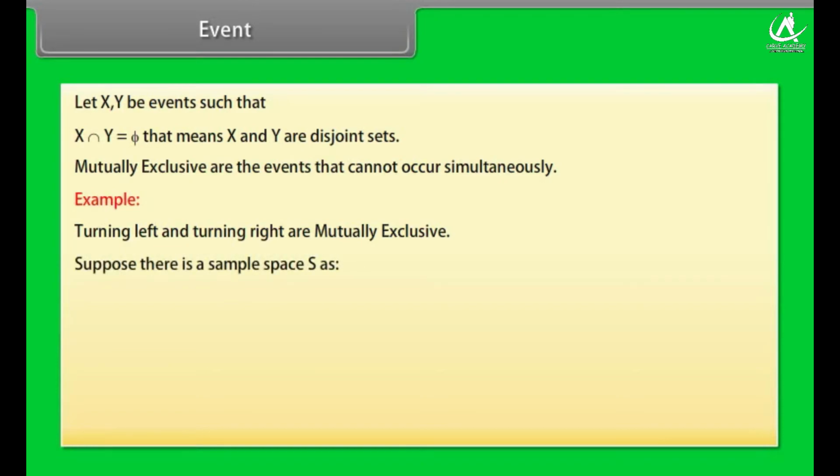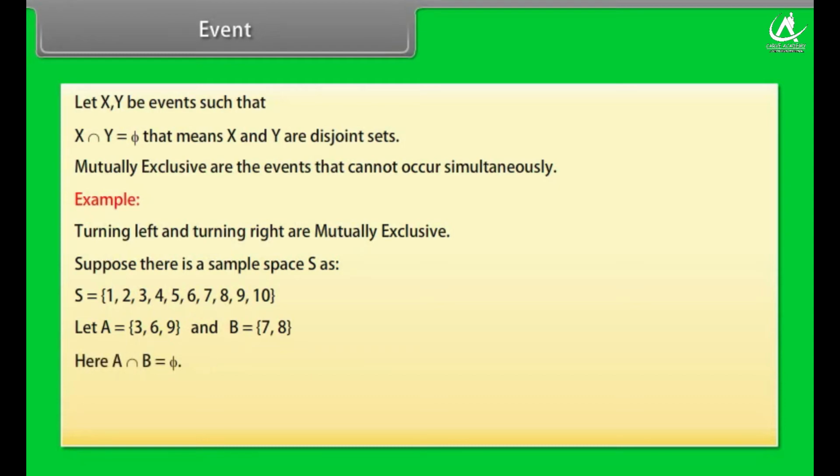Suppose there is a sample space S is equal to 1, 2, 3, 4, 5, 6, 7, 8, 9, 10. Let A is equal to 3, 6, 9 and B is equal to 7, 8.